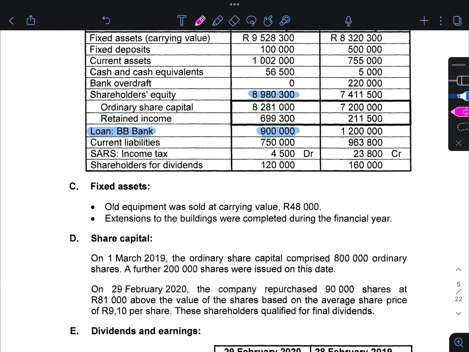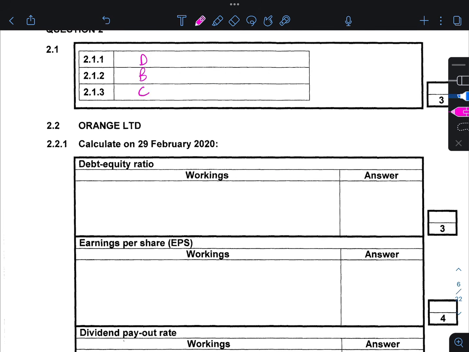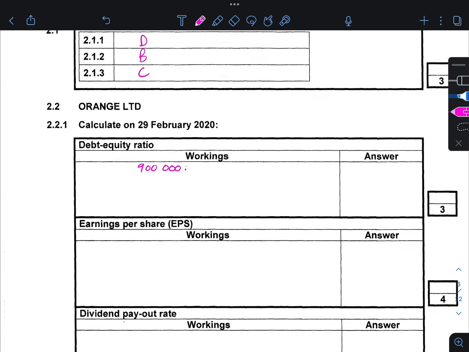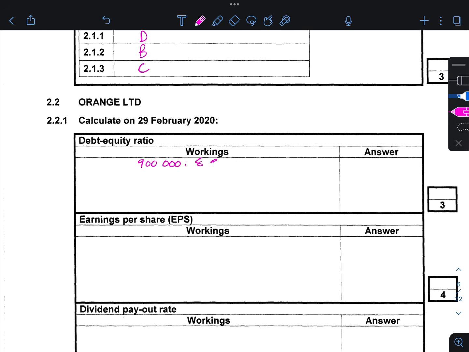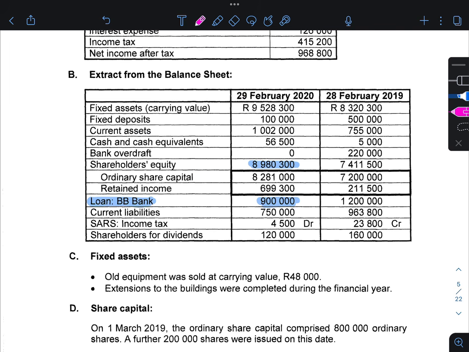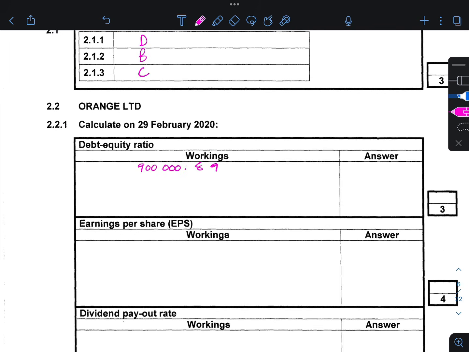All right, so we're just going to use those numbers, and it's going to be 900,000 is to 8,900,000, and these numbers are so big, 980,300, right? 980,300.